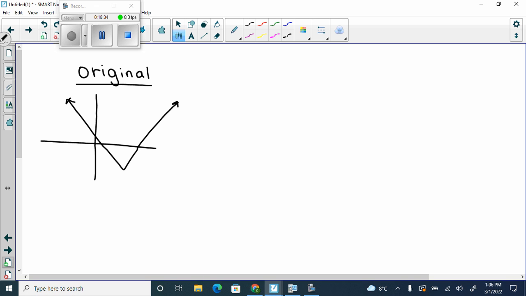These are going to be original graphs. You're going to tell me if the original is a function, and if the inverse is a function.